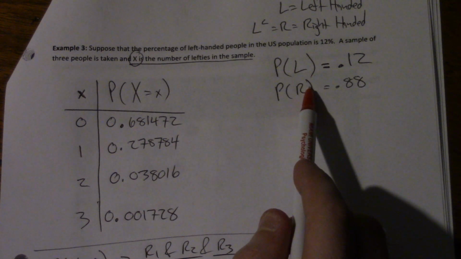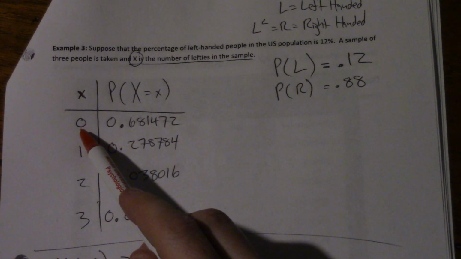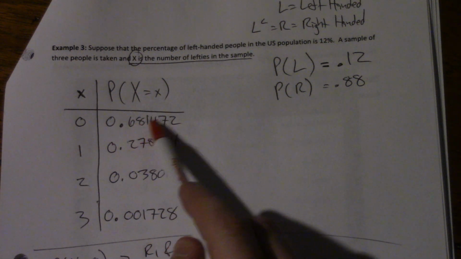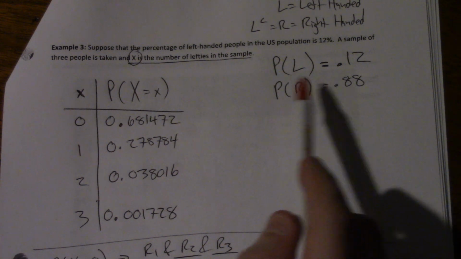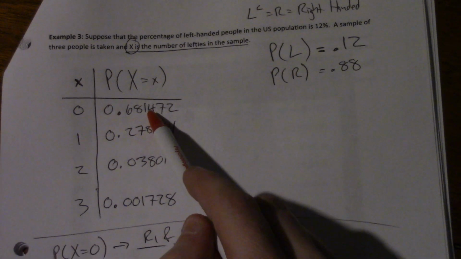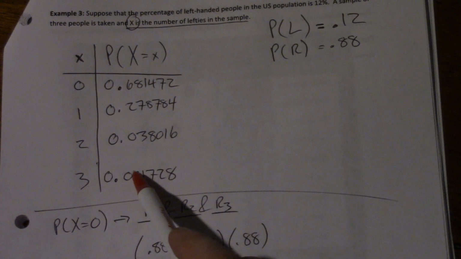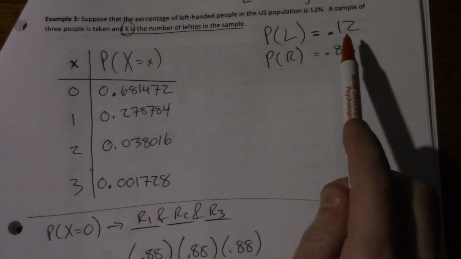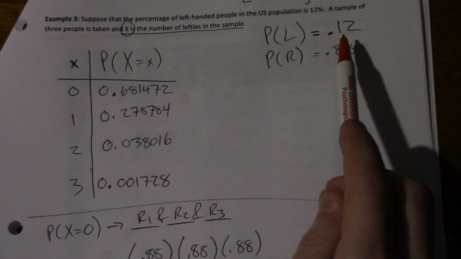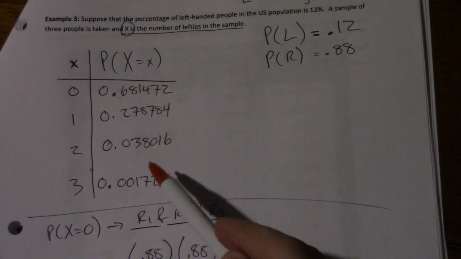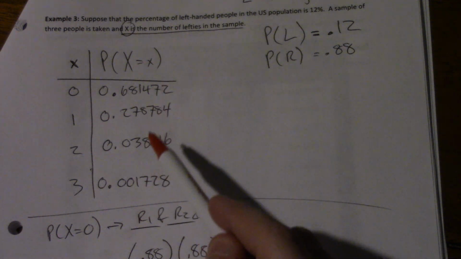We should see more right-handed people. So when x is 0, we determine that that means there are no left-handed people. They're all right-handed. And that's what we expect. We expect to see more right-handed people, so this should be a larger probability. Then as we proceed down, when x is 3, that means what's the chance that all 3 are left-handed? Well, left-handed people are somewhat rare. So having 3 in a group should be somewhat rare, and that's why it's less than 1%.